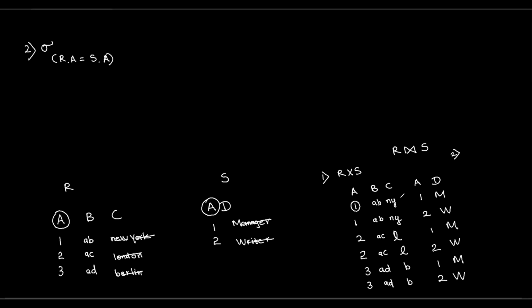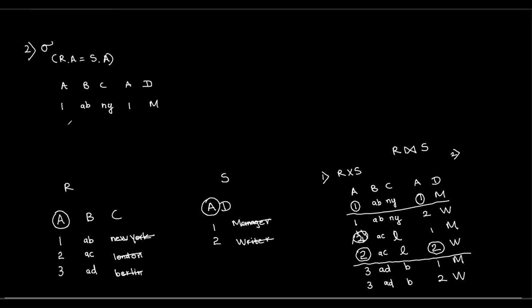If A is 1 here, here also A should be 1. If A is 2 here, here also A should be 2. Otherwise, this is not the answer. Since we don't have A3 on the other side, only these two tuples are selected: 1 AB NY 1 manager, and 2 AC L 2 writer.